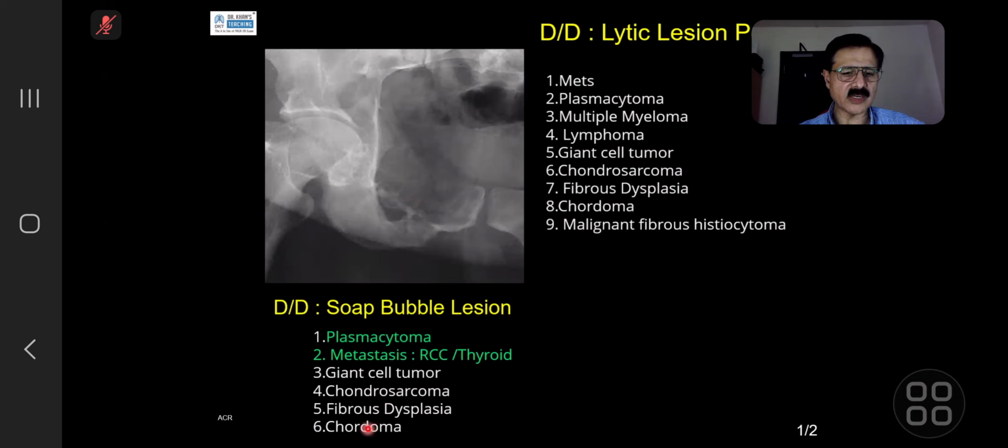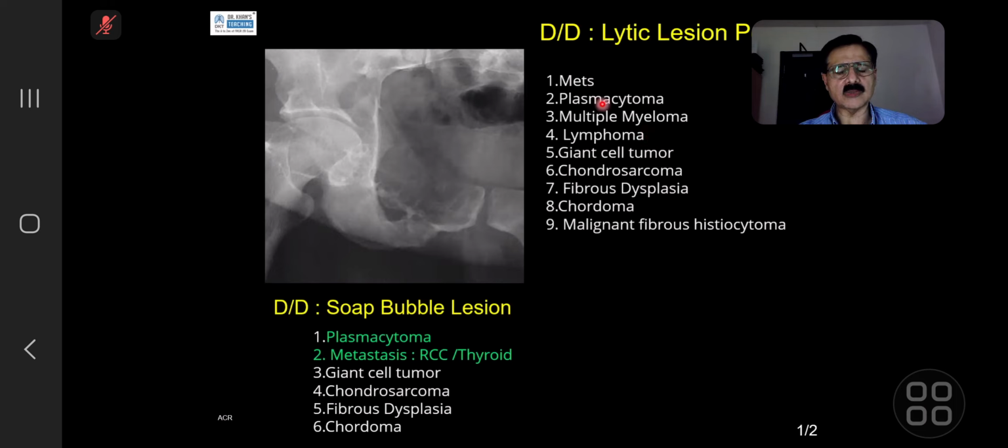Chordoma, that is in the sacrum. Now, this differential should also be in your mind. Very important for the exam. So lytic lesion in the pelvis, Mets and plasmacytoma, and this is the way to remember things. You just sort of in one page you remember both of them, and there is a bit of overlap.